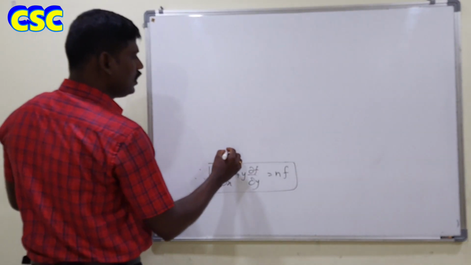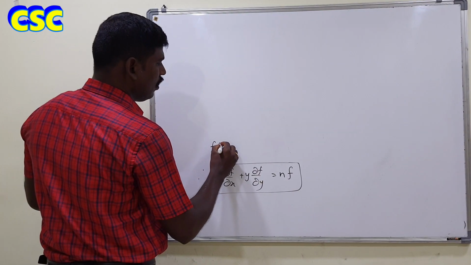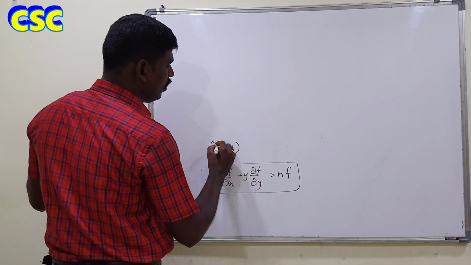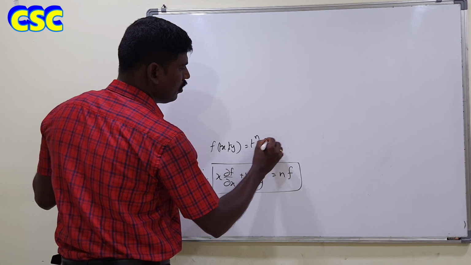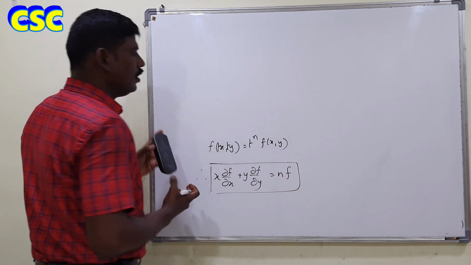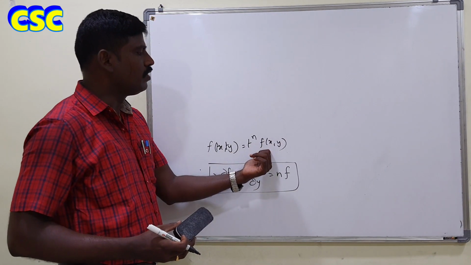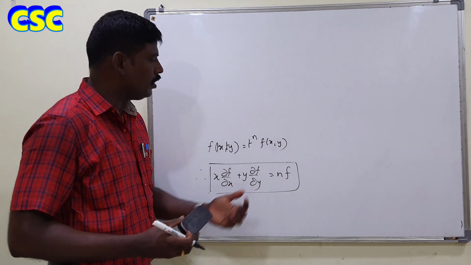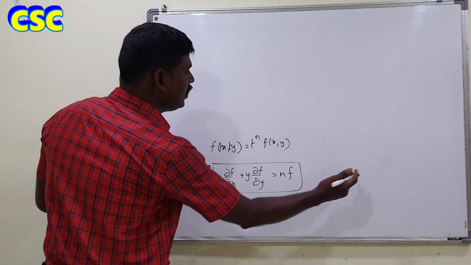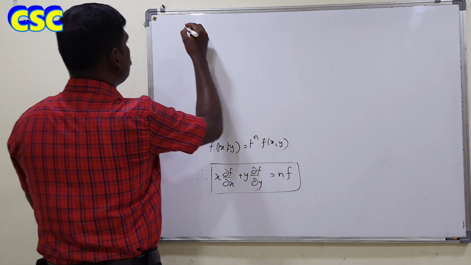Now this is f of x comma y. If f is a homogeneous equation of degree n in x and y, then only x into dou f by dou x plus y into dou f by dou y equals n into f. Similarly, we can extend this result to 3 variables.